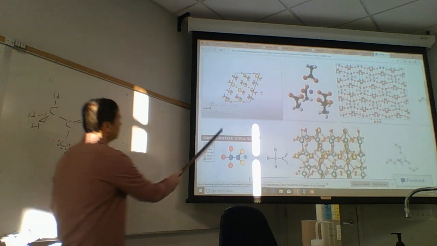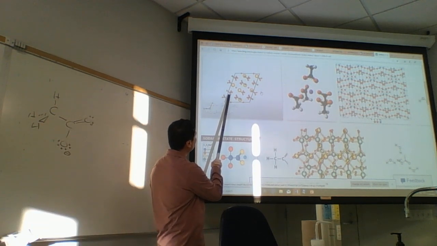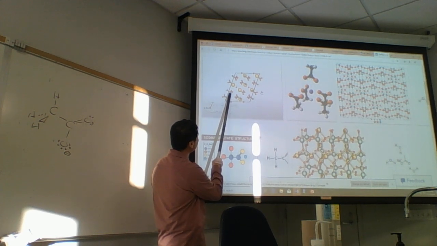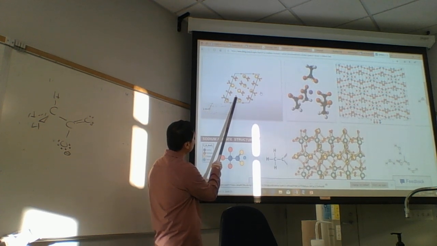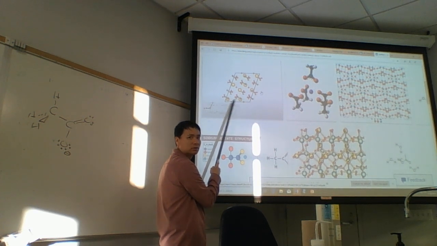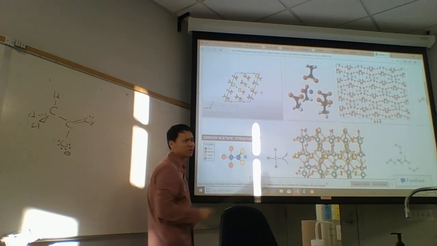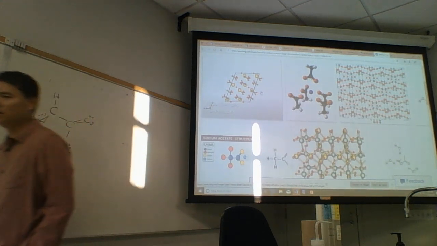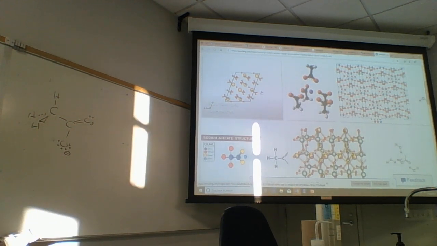If you look at these acetates here, they have to be in this position. This one's pointing to the left, this one's pointing to the right. They have to get in that perfect position to start to crystallize. So it's a lot harder than some spherical ion to crystallize out.